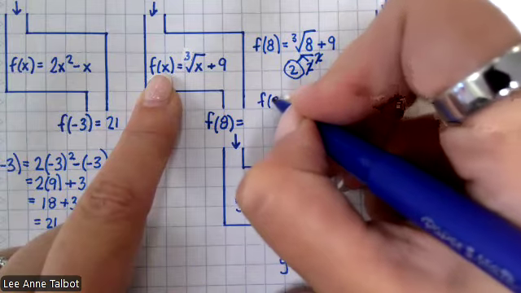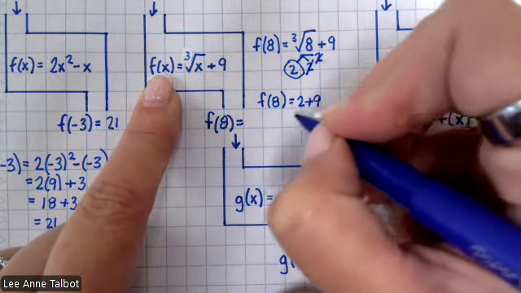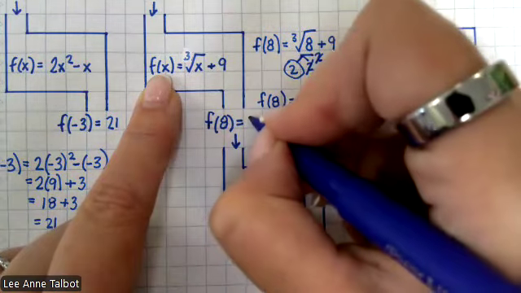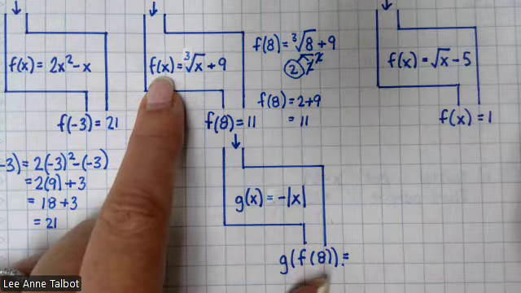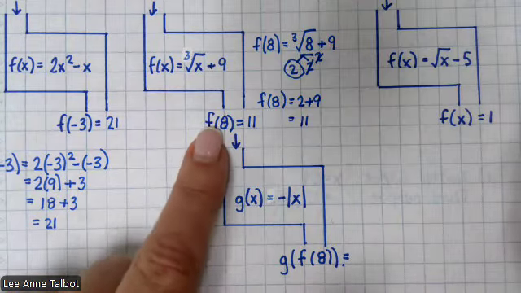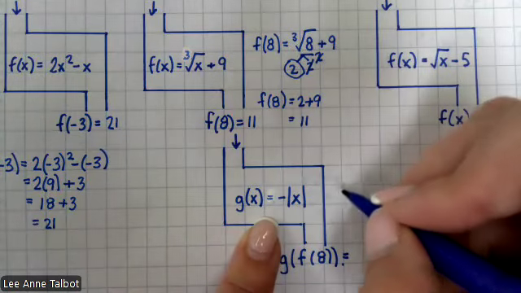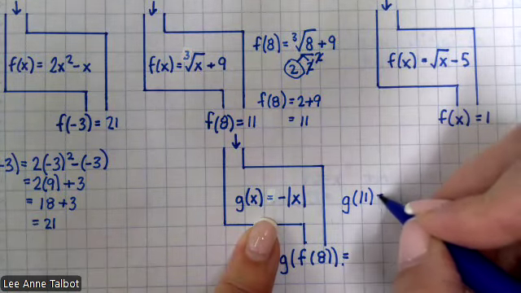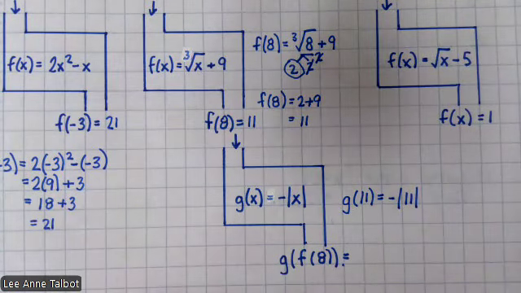So F of 8 equals 2 plus 9, which is 11. Okay, that means that my input to my new machine is 11. So I have G of 11 is negative absolute value of 11.